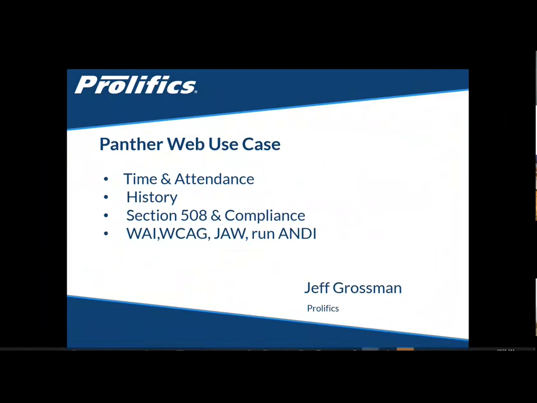Another tool that is very useful, you can check it out on GitHub, is called ANDI, A-N-D-I. And what this is a dynamically installable set of JavaScript. And it will examine your page and report to you the various things that it thinks you need to do to make the page more accessible. And broadly speaking, ANDI is very good.